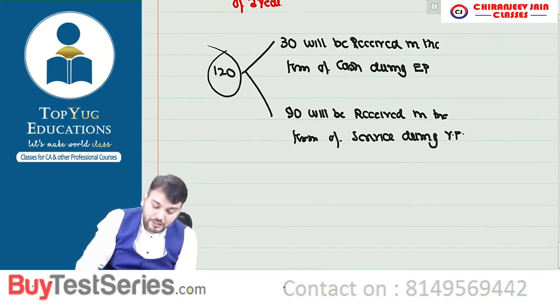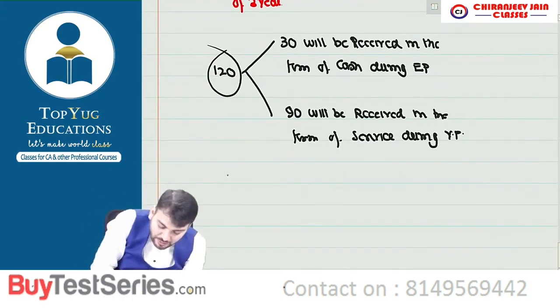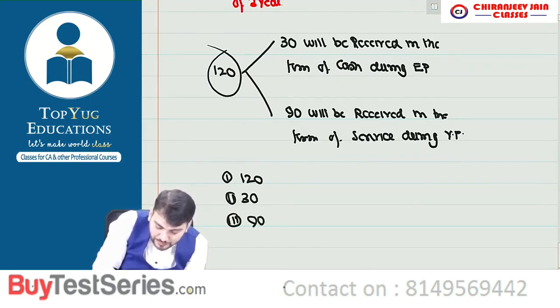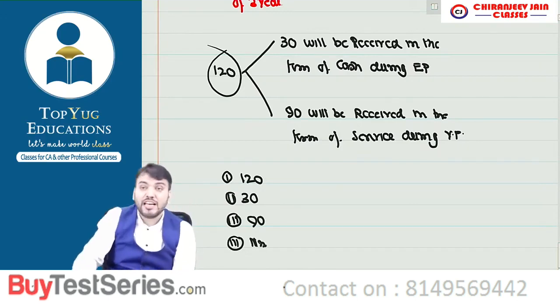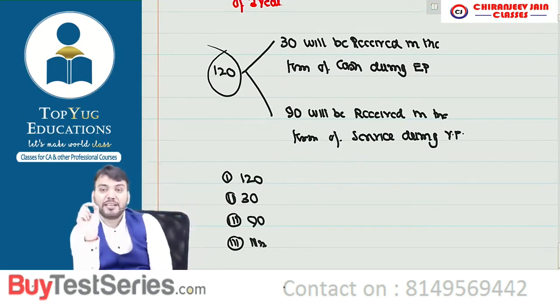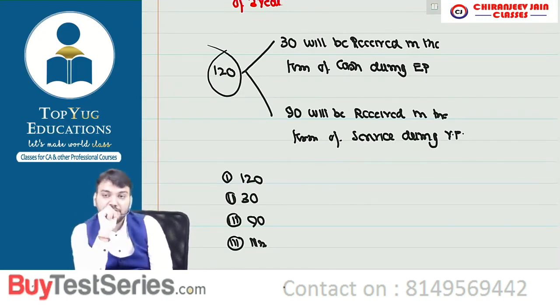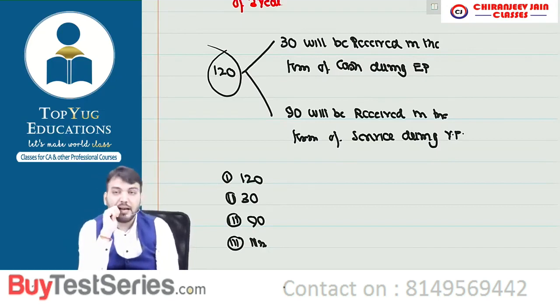Shares will be issued to employee. Option number 1, 120. Option number 2, 30. Option number 3, 90. Option number 4, none of the above. So shares are issued to the employee at which price? Tell me, everyone.